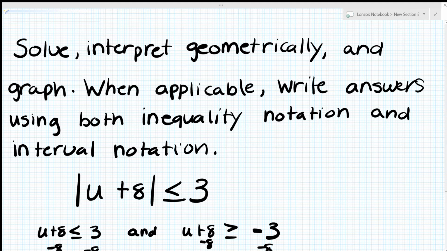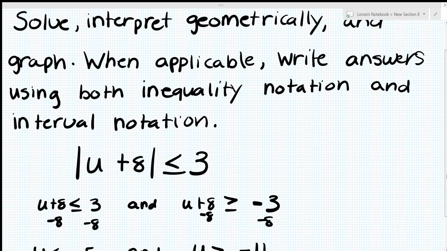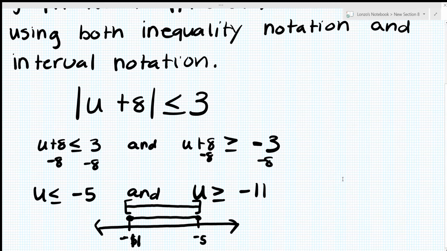So now I have to put this in words because it says interpret geometrically. So what does this mean in words? What does absolute value of u plus 8 less than or equal to 3 mean in words?